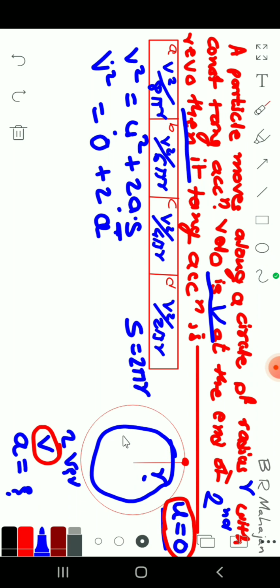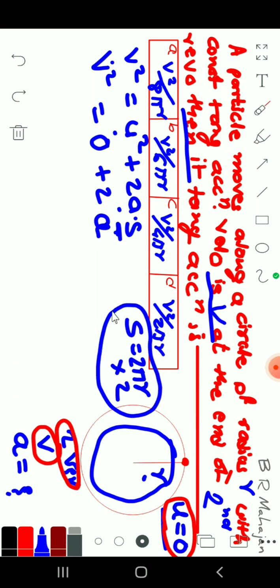But as the particle completes two revolutions, the distance covered in the first revolution is twice pi r, in the second revolution again twice pi r. Therefore the total distance covered in two revolutions is twice pi r into 2. So you have to put the value of s as twice pi r into 2.